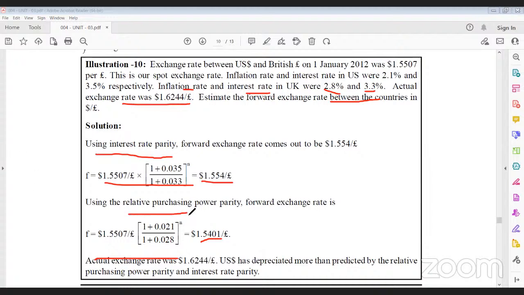This is relative purchasing power parity and this is interest rate parity. So with this, we understand that US dollar has depreciated more than predicted by the relative purchasing power parity and interest rate parity.